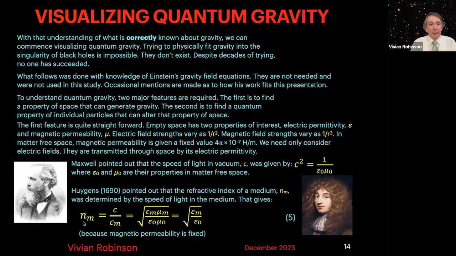That gives Nm equals c over cm. That turns around to be the square root of epsilon m over epsilon naught, because magnetic permeability is fixed. Epsilon m refers to the electric permittivity of the medium.